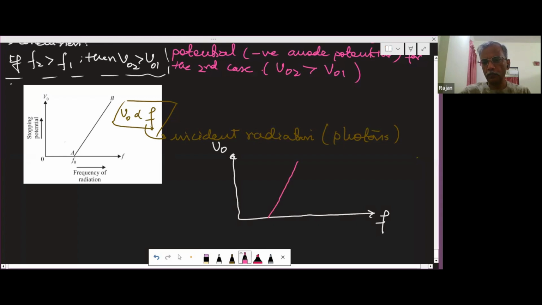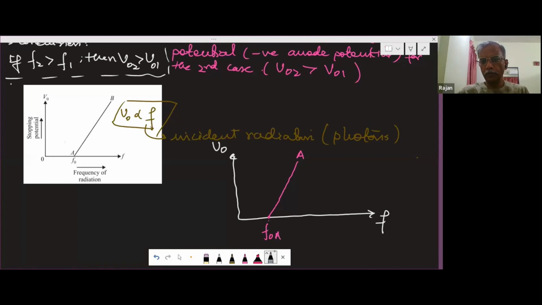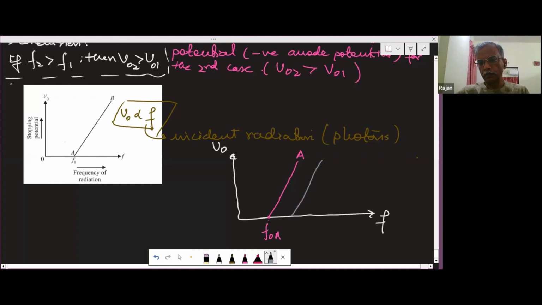One material has the graph like this, material A, and this one gives FOA, the cutoff frequency, that is the threshold frequency, also known as cutoff frequency. And then we have another material B, and here the frequency FOB, right?